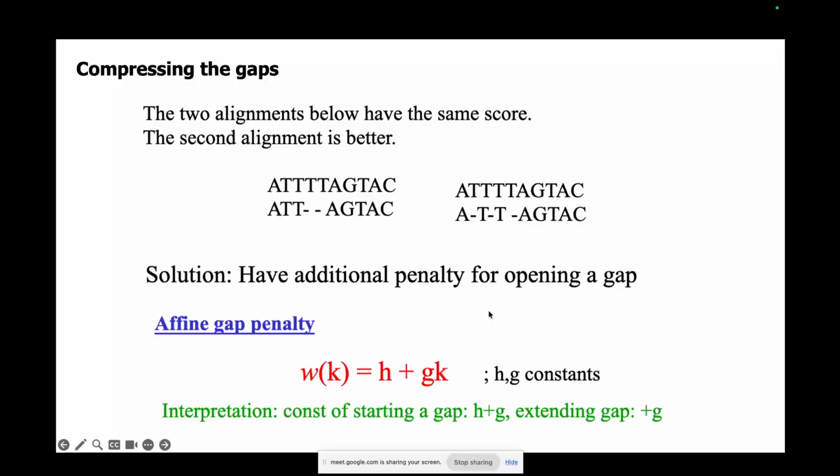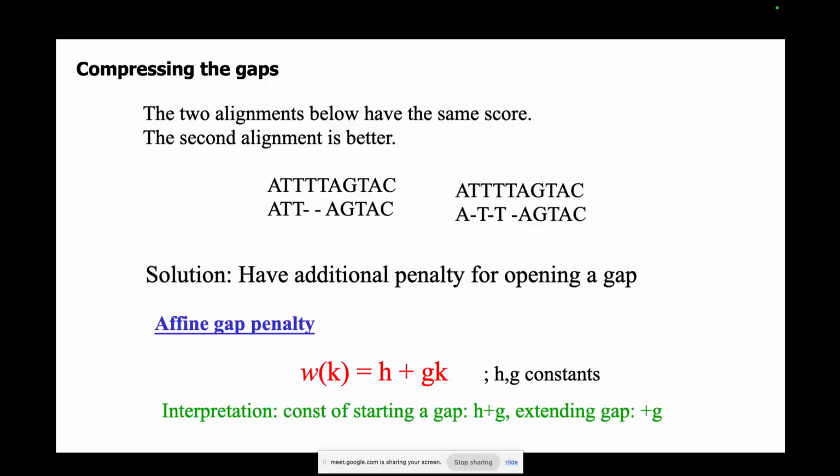Now, the idea is that we have an affine gap penalty. We have discussed this in the last class as well. So, the idea is to have an additional penalty for opening a gap. It would look something like this. So, this is your whole gap penalty. H would be the cost of starting a gap, K is the length of the gap, and G is the constant by which you are penalizing each base pair of the gap.